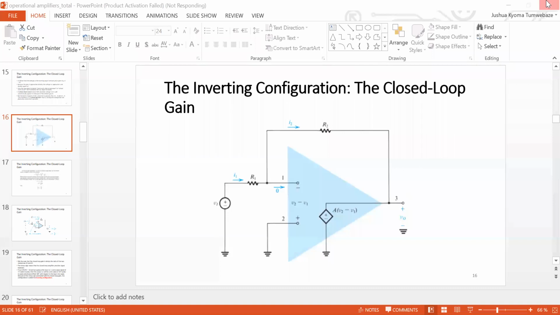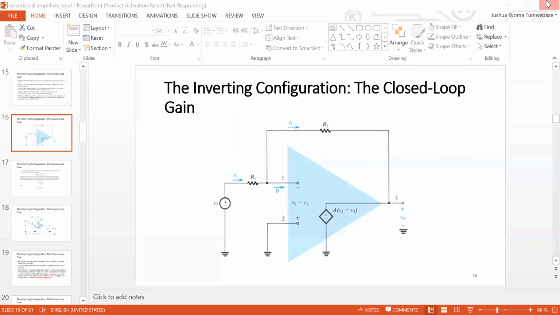So the two terminals track each other in potential. If the voltage at the non-inverting input terminal is 5 volts, then the voltage at the inverting terminal will also be set to 5 volts. But we're going to use that now.